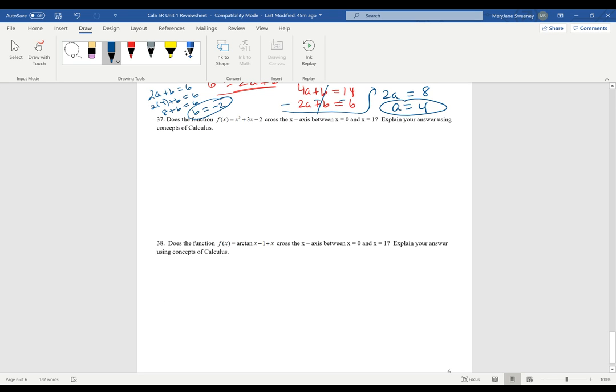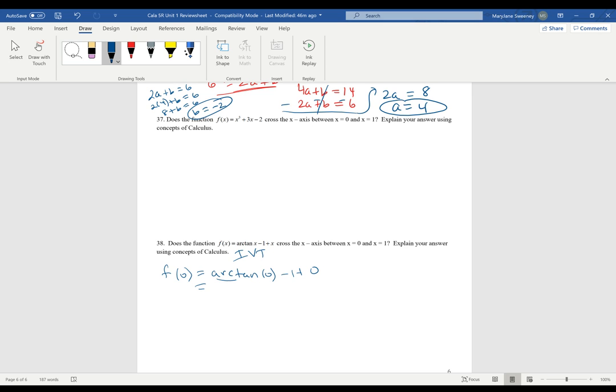Finally, does the function f of x equals arctan x minus 1 plus x cross the x-axis between x is 0, x is 1? Explain. All right, this is our IVT. So f of 0, arctan of 0 minus 1 plus 0. Arctan of 0 means where is tan 0?